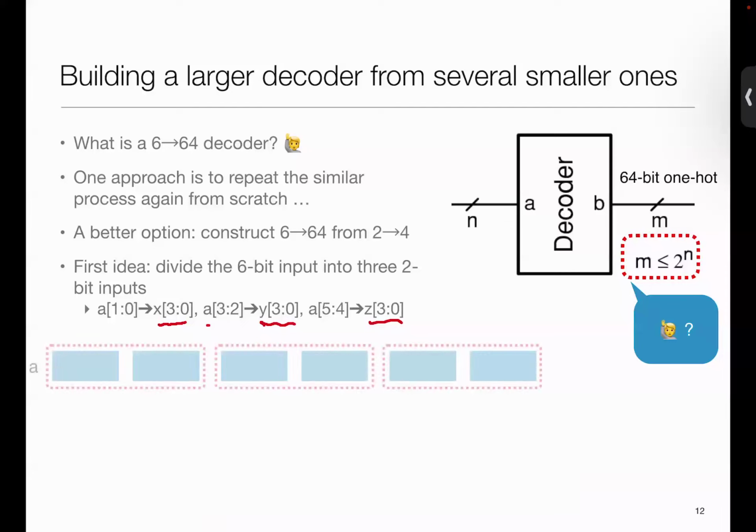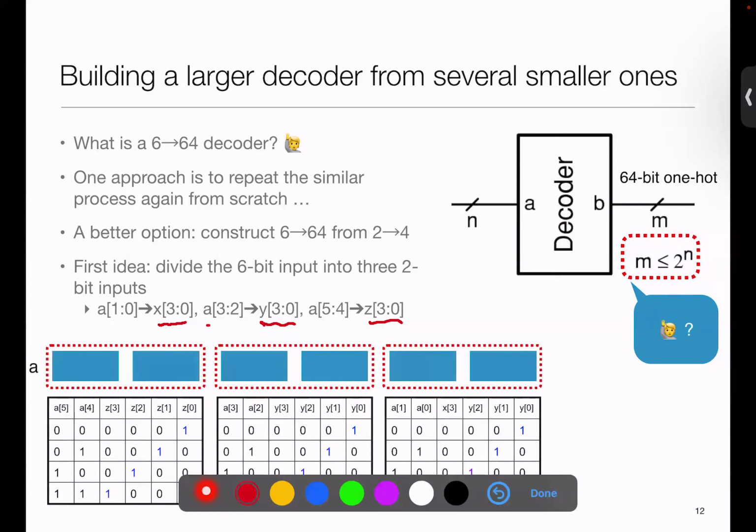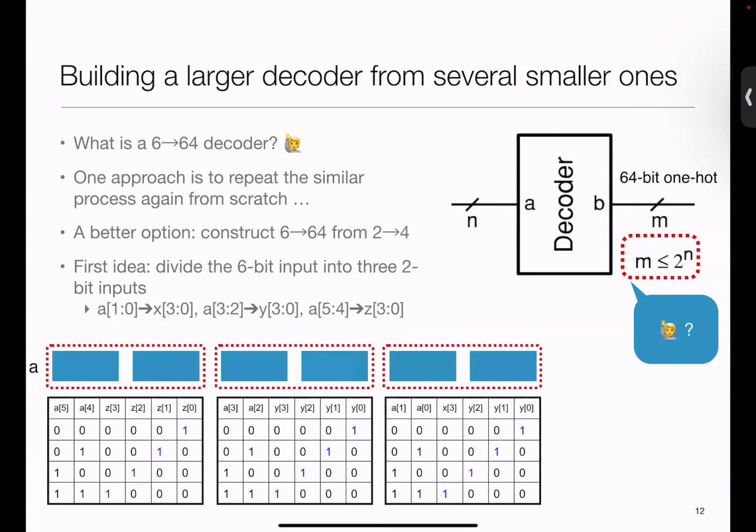Essentially, this is the situation we will have. I take the 6 bits of A and chop it up into 3 groups of 2, identified by the red blocks. Within each group, there are 2 bits, A0, A1, A2, A3, A4, A5, as I go from right to left. Conventionally, we always write the 0th index on the right.